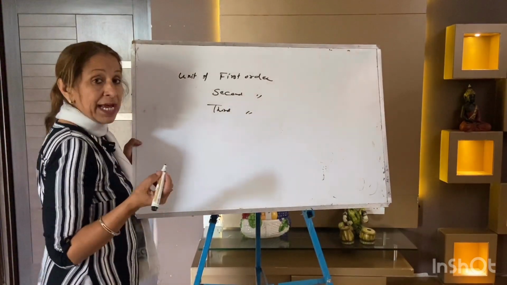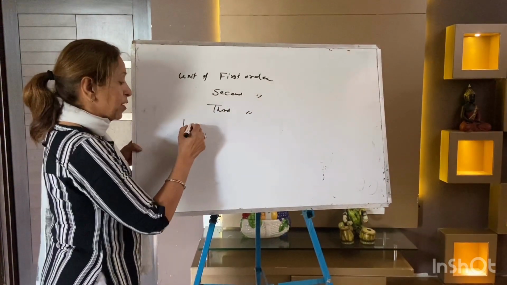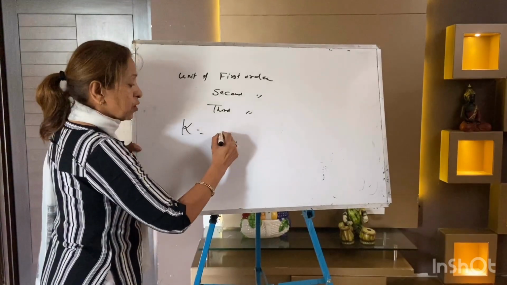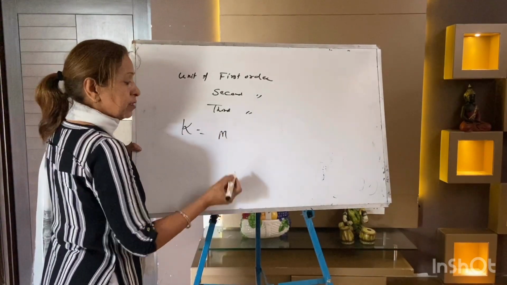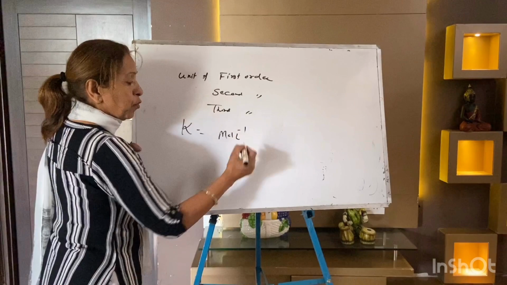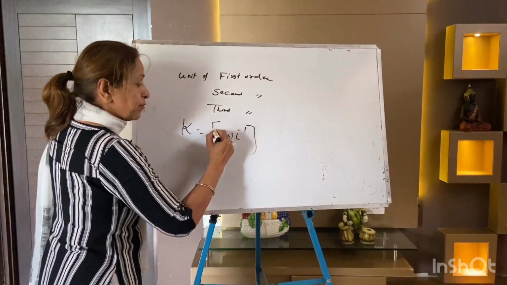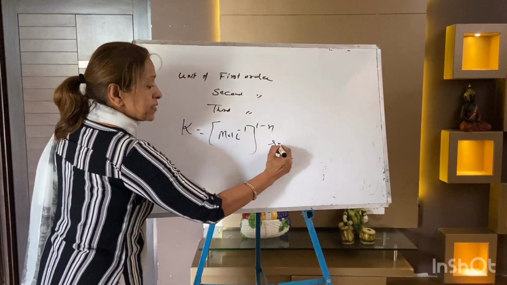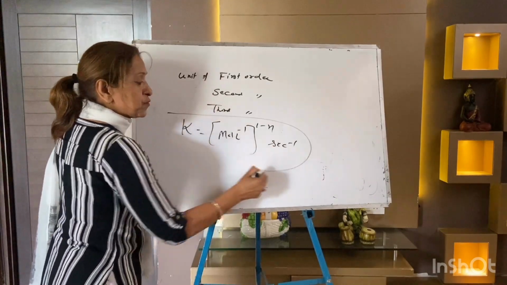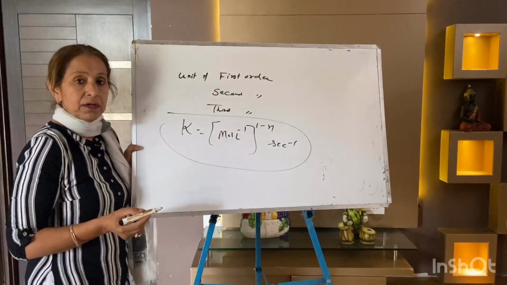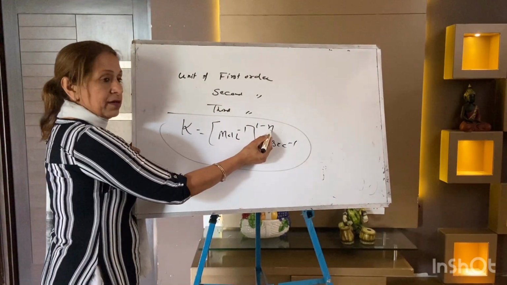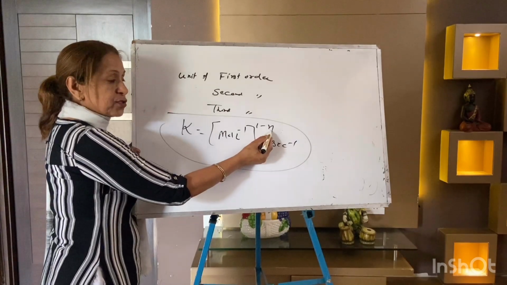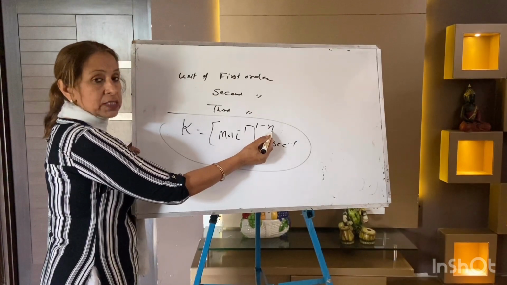The moment this type of question comes, you apply the formula: K is equal to mole per liter power 1 minus N per second. Take the help of this formula. First order, you put N is 1, second order N is 2, third order N is 3.